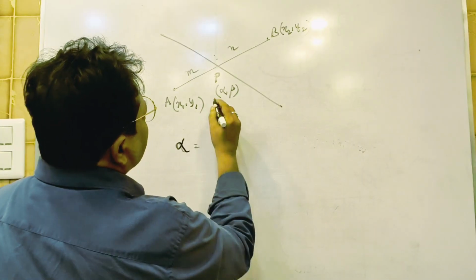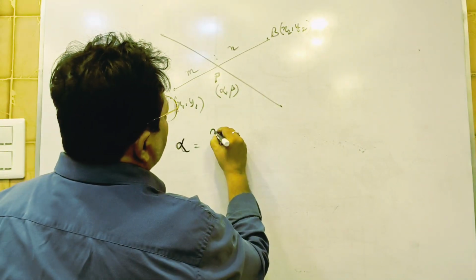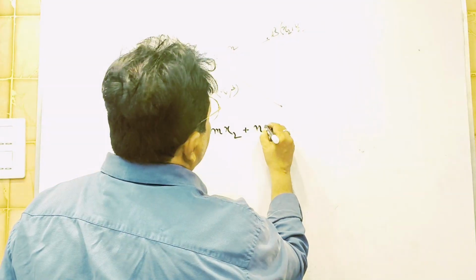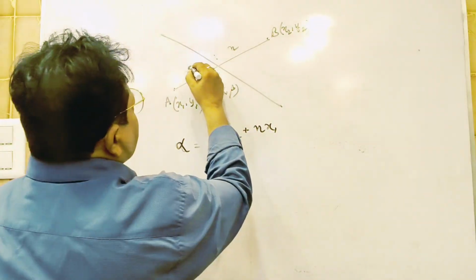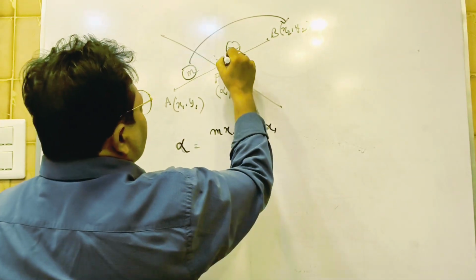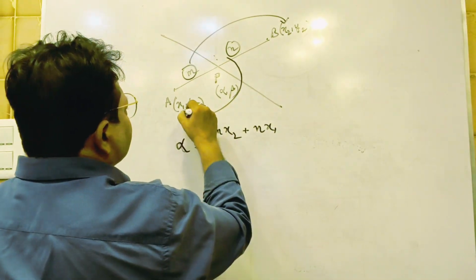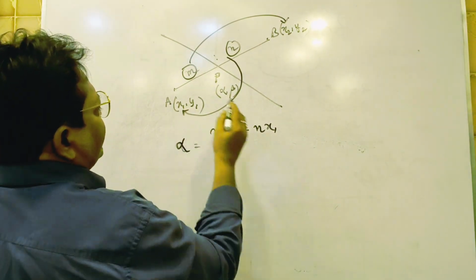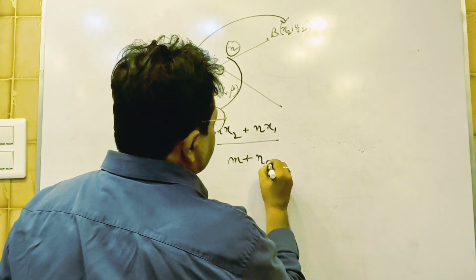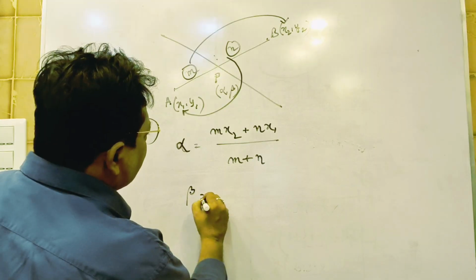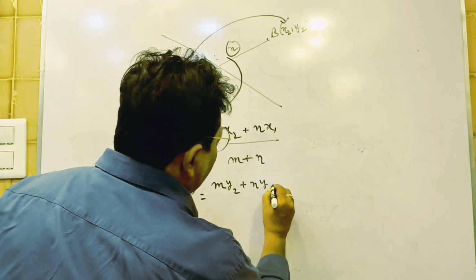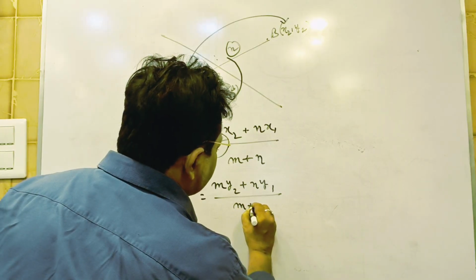Alpha is m into x2 plus n into x1, that is this part into this and this part into this, divided by m plus n, and beta equals, similarly, m into y2 plus n into y1 divided by m plus n.